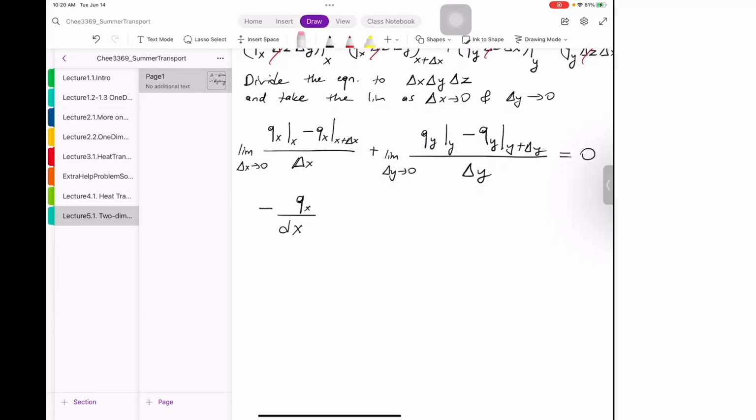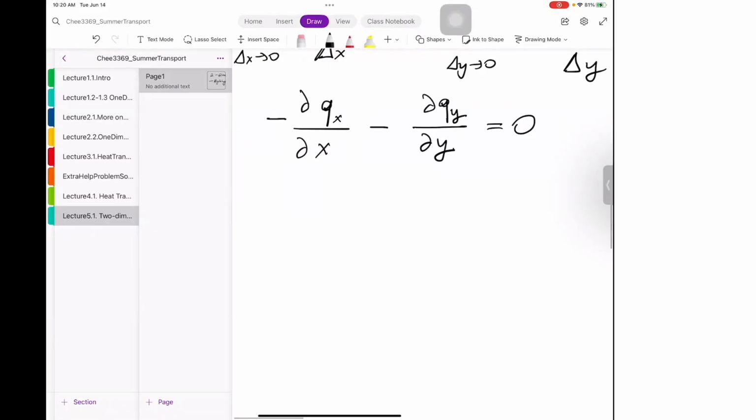So instead of d, it's going to be del qx over del x. Del corresponds to the partial derivative, meaning that you're keeping y constant while changing x. Similarly, the second term is minus del qy over del y, and the sum is equal to 0, right?